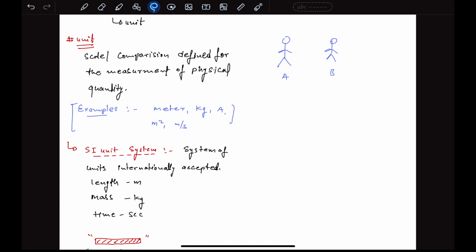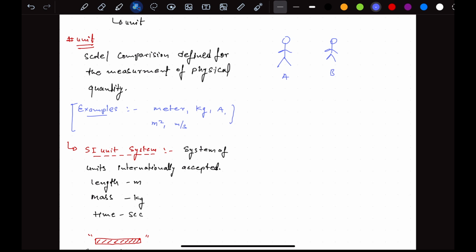Let's say A says to B that you are heavier than me. So now you need to give some explanation. You are studying science, so you can use science. You can tell them using science which person is the heavier person.